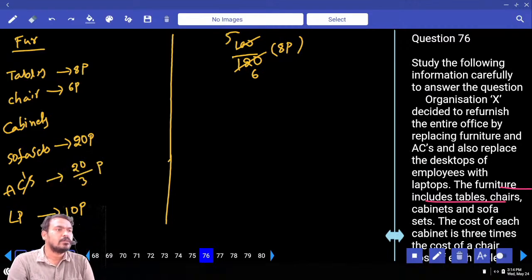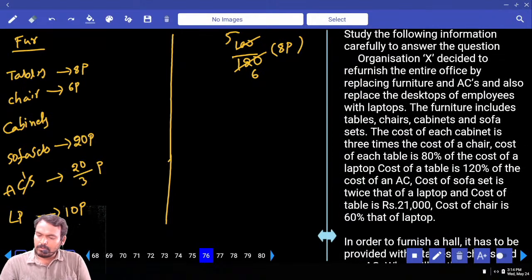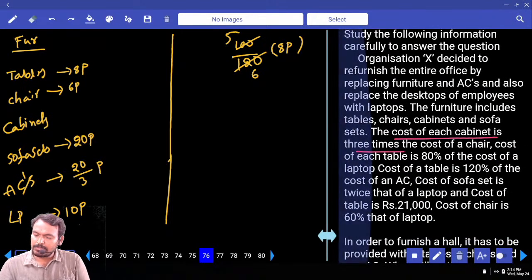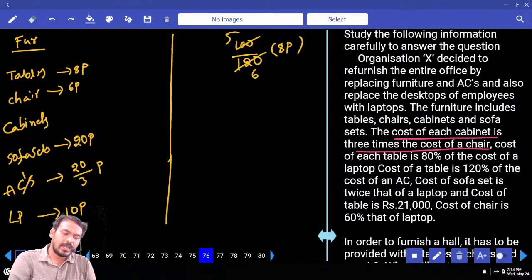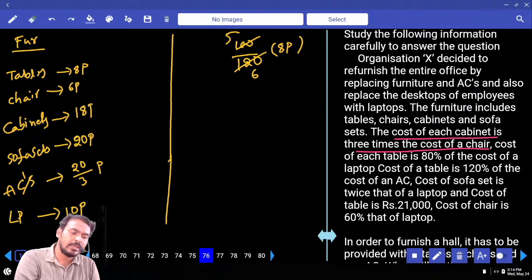That is which one? AC value. Next, cost of each cabinet is 3 times of which one? Chair. Cabinet will be 3 times the chair value, which means 18 parts.